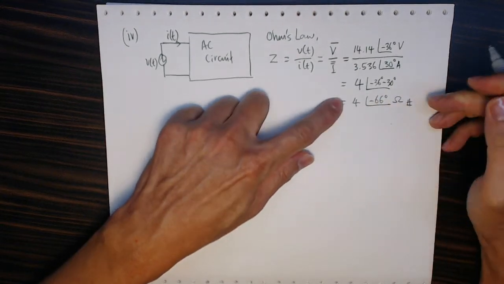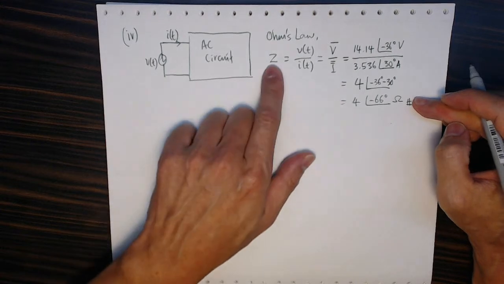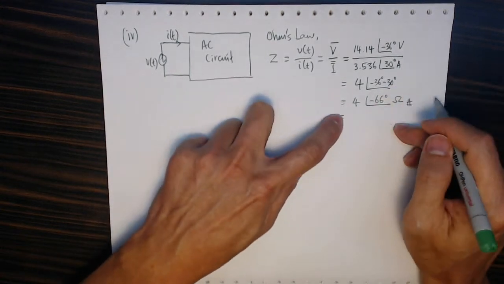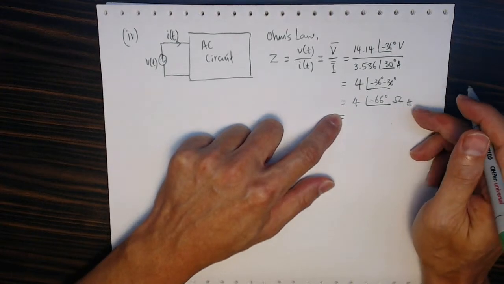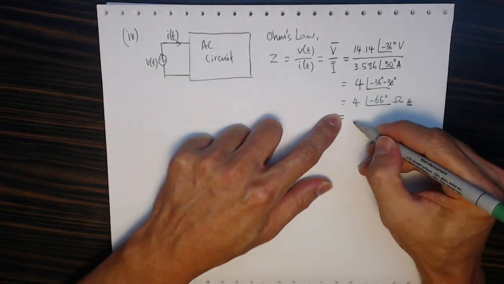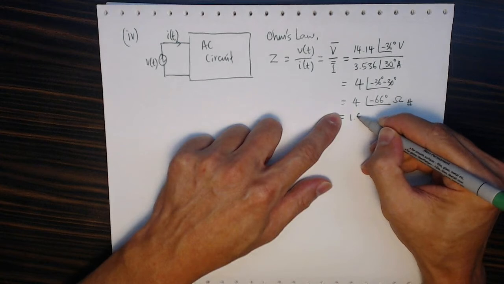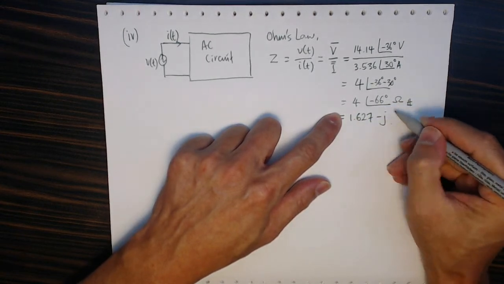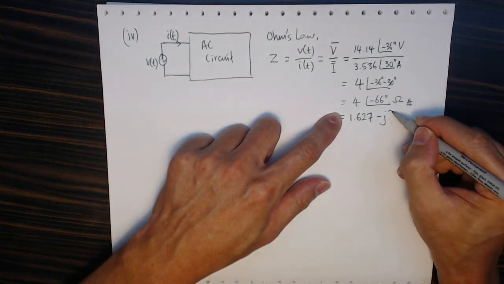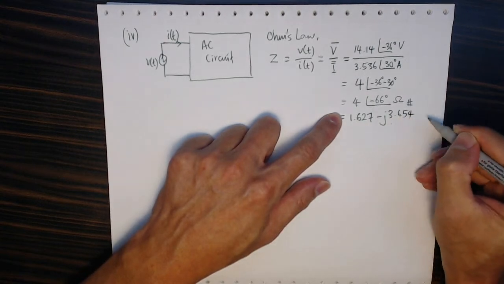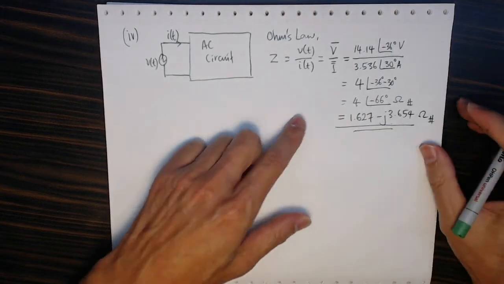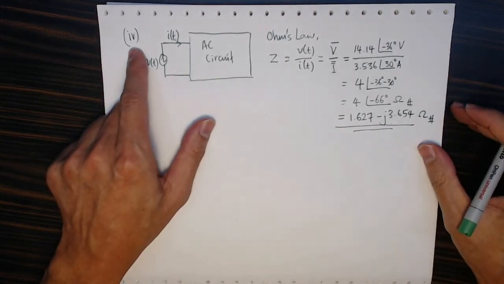This is the phasor version of the impedance, but the question wants me to convert this to rectangular version. So using your calculator, you should be able to get this value, 1.627 minus j3.654 ohms. And that's the answer for part 4.